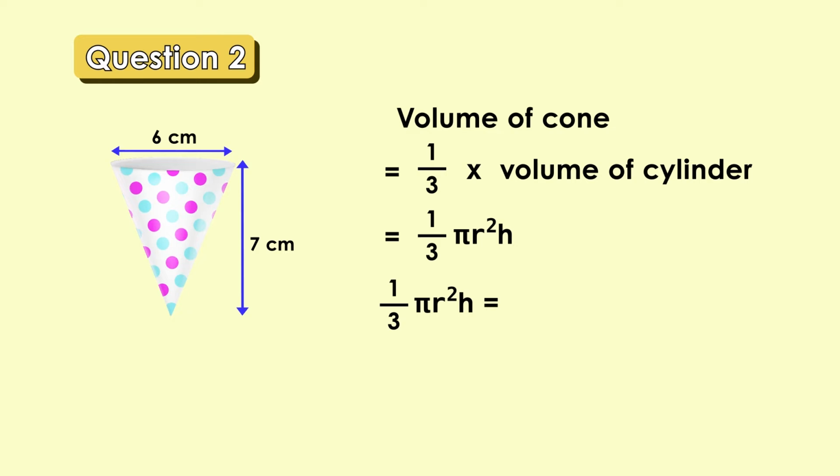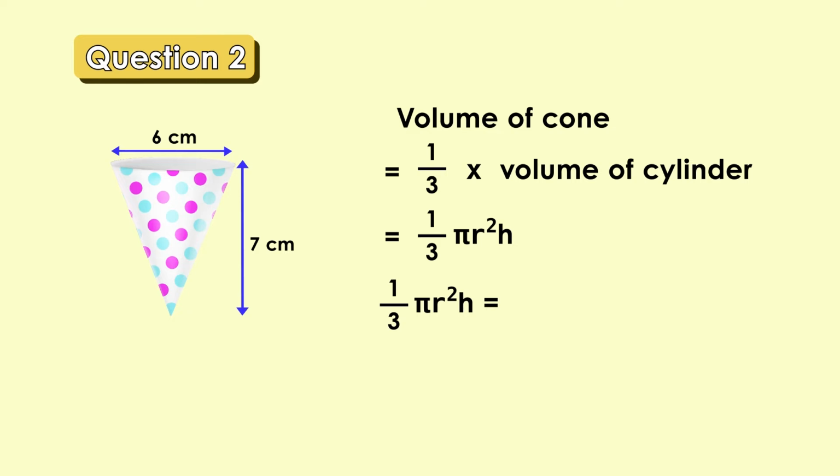Given the diameter of the cone is 6 centimeters. The radius of the cone is 6/2, which is equal to 3 centimeters. The height of the cone is 7 centimeters.